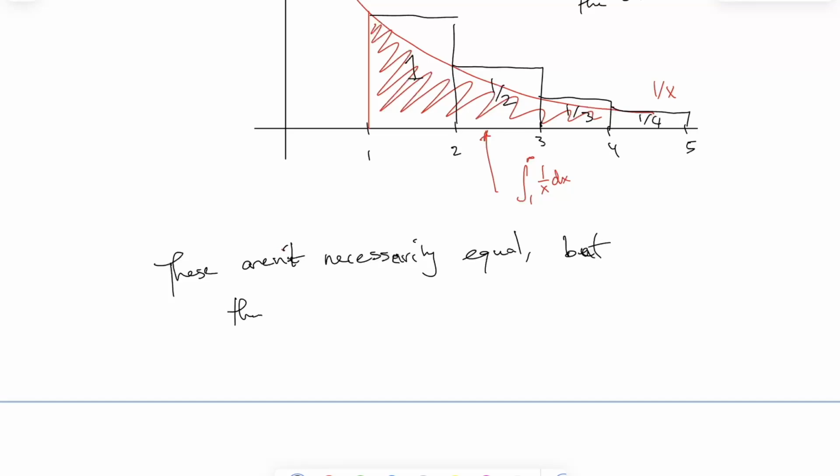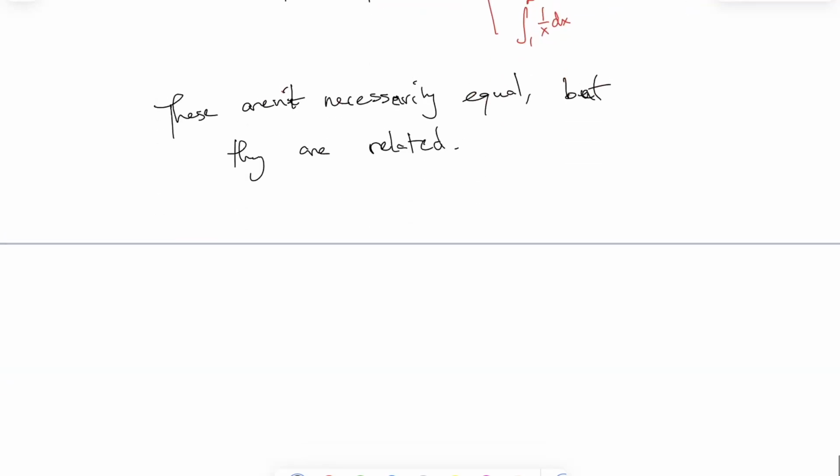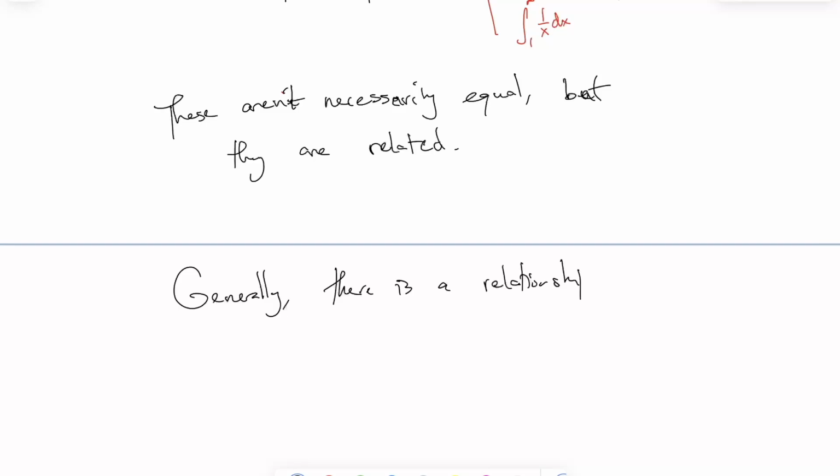But they are related. So generally speaking, there is a relationship between the sum of 1 over n, not 1 over n, but just, let me write the integral first.